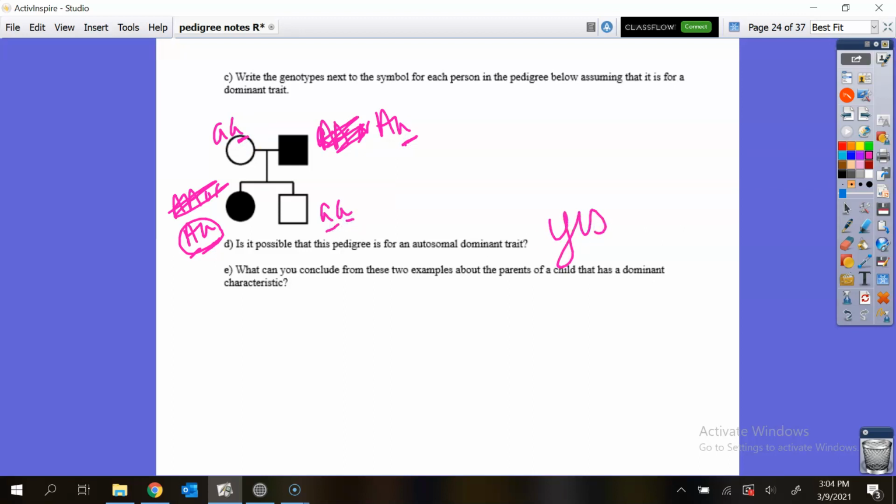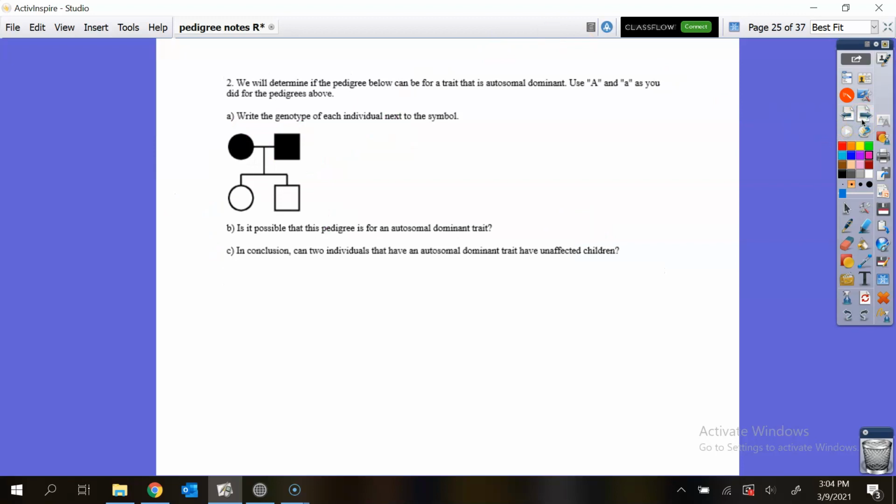So what can you conclude about the parents of a child that has a dominant trait? Like I said, at least one of their parents has to be affected. Okay, so same deal.